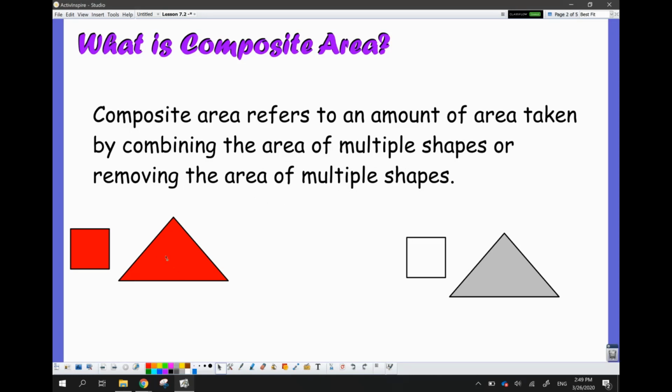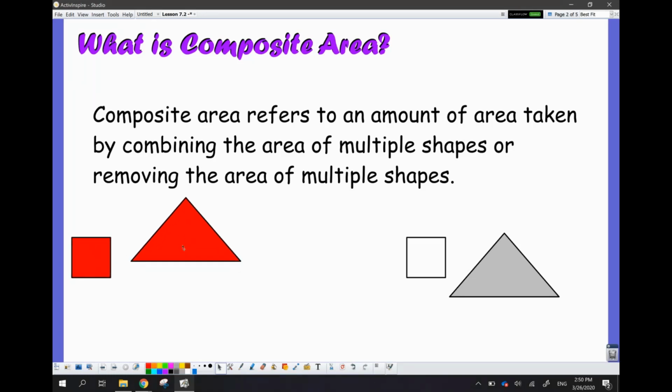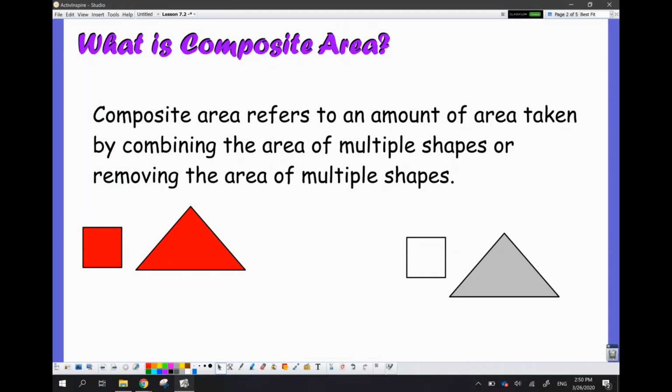If I take a look at the example on the left with this red square and the red triangle, I remember how to find the area of a square and a triangle from the last video using my area formulas. If I combine these two shapes, I get basically an arrow shape or a house shape.